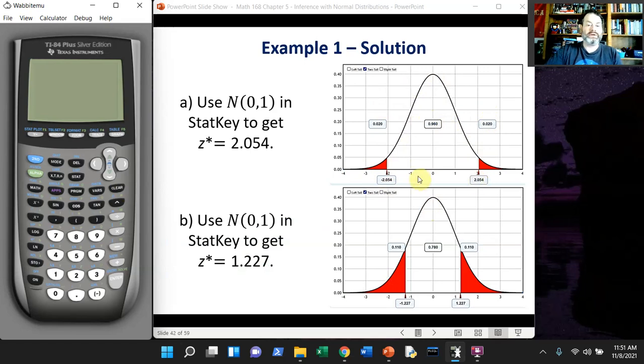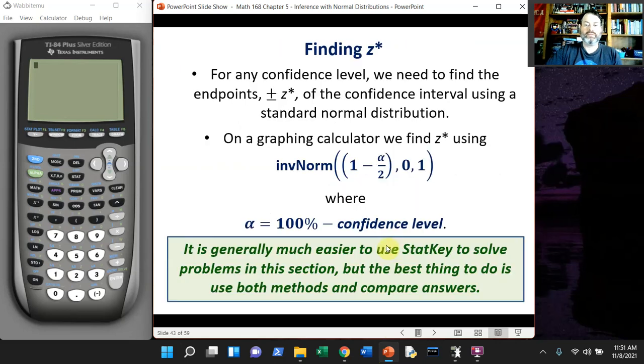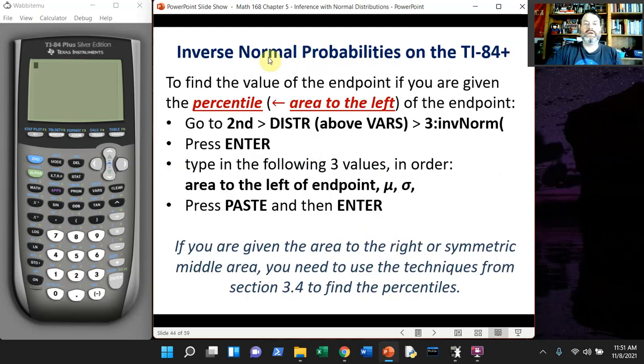So when we did section 5.1, we used normal CDF, right? So it's still second vars. Normal CDF here is what we used for section 5.1. We're just going one underneath it to inverse norm.